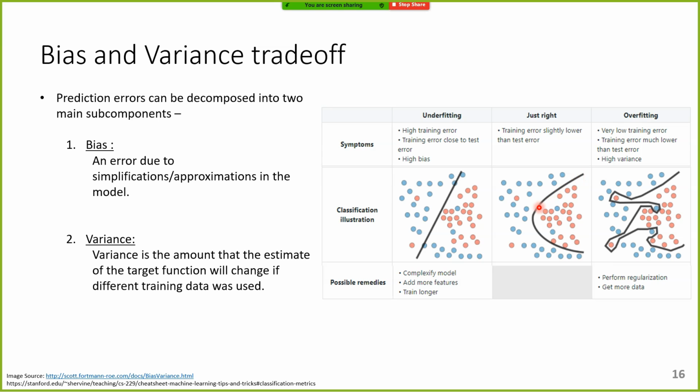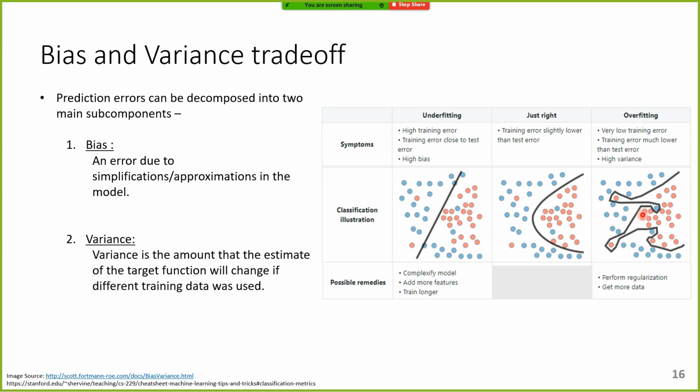So here we have some kind of parabola type of structure, which classifies all these points as red points and all these outside data points as blue points. It also takes into account these outliers, which would be classified wrongly. But this is okay. This is what we need to do.